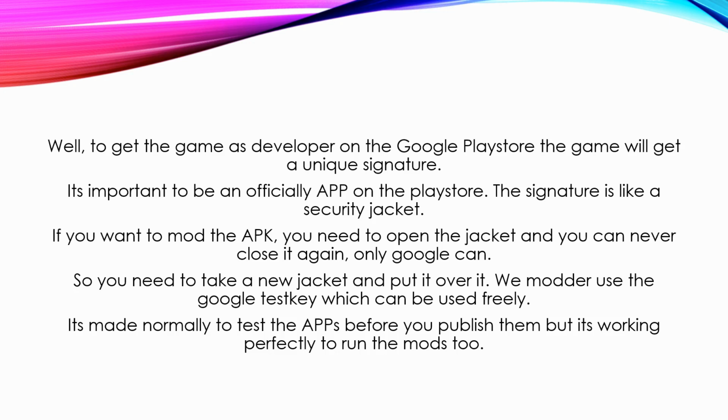So we use a testing signature to help us, and also our Android device, and also Google, to trick them that this APK has a valid signature. So let's take the example of the jacket. If you want to mod the APK, you need to open the jacket. You can close it again. Only Google can do that.